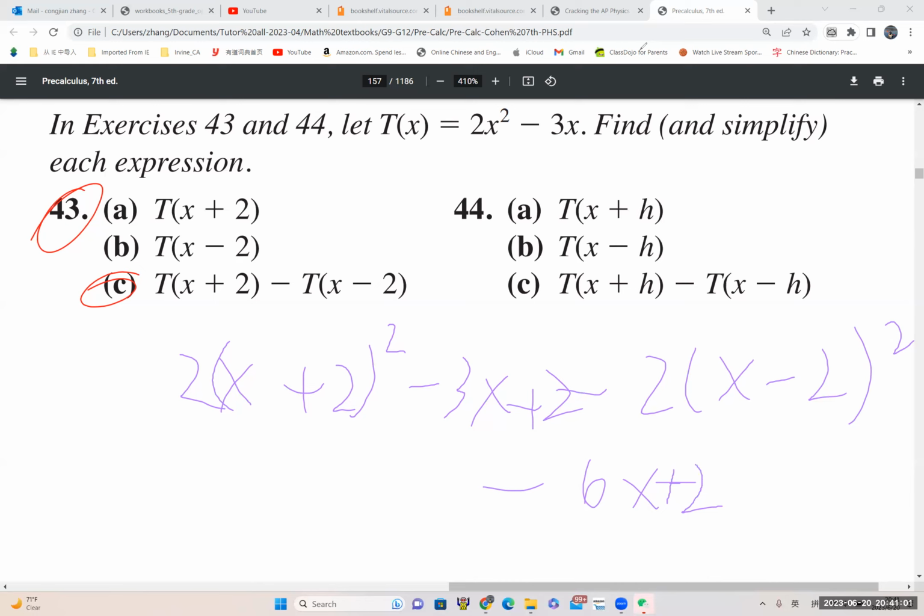So let me show you guys. This is equal to... First, make sure to write both functions correctly, then simplify it.